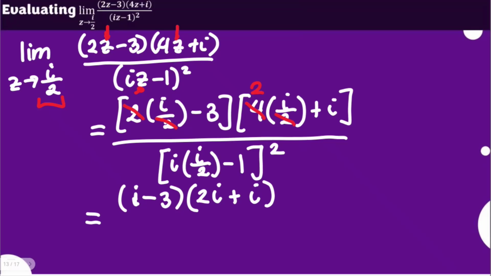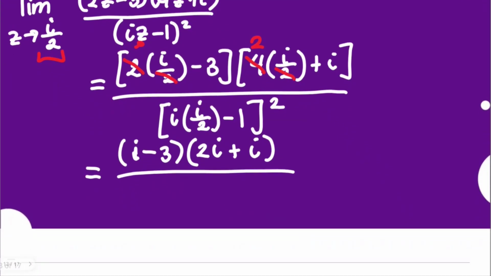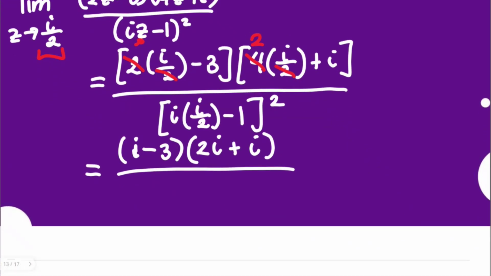So for our denominator, take note of this: you will have i squared over 2 minus 1, and you're squaring that. Take note, you are multiplying, so your i times i is i squared. Before we go to the next step, take note that there now exists i squared in our denominator.